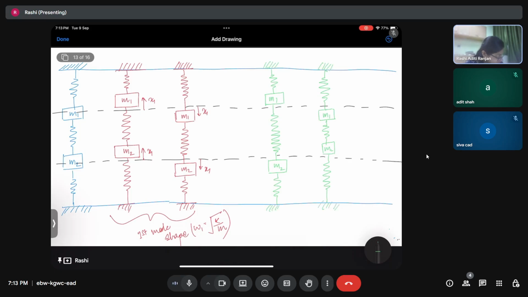This is known as the second mode shape with omega 2 as under root 3k by m. Okay, so if this is x1, this is minus of x1. This is x1, this is minus of x1. So these are the two mode shapes that we are going to encounter for our system.